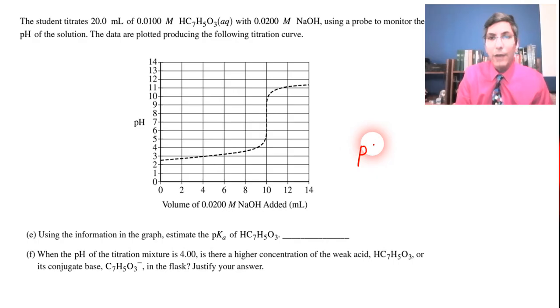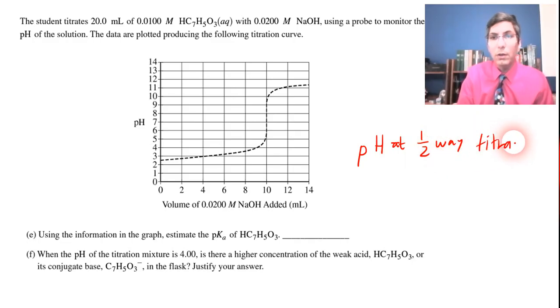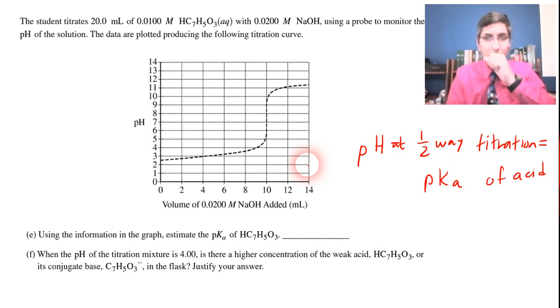Well, one thing that you have to know for this is that the pH at the halfway point of a titration is equal to the pKa of the weak acid that's being used. So the equivalence point, as you can see here, is reached at 10 milliliters, excuse me. So it's been a long day.